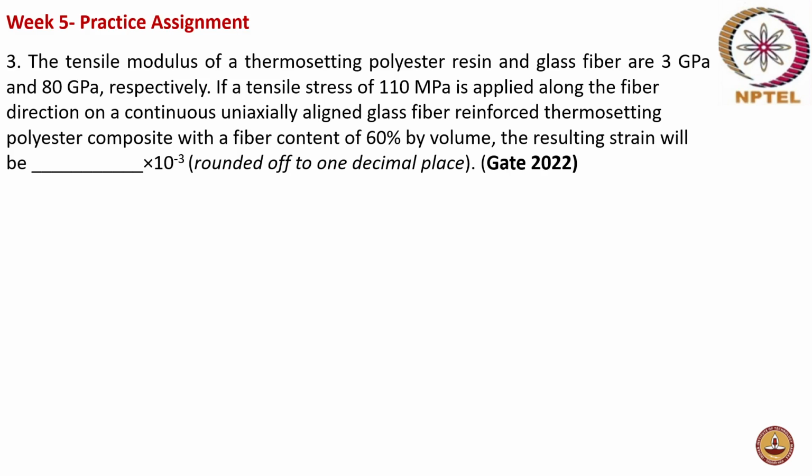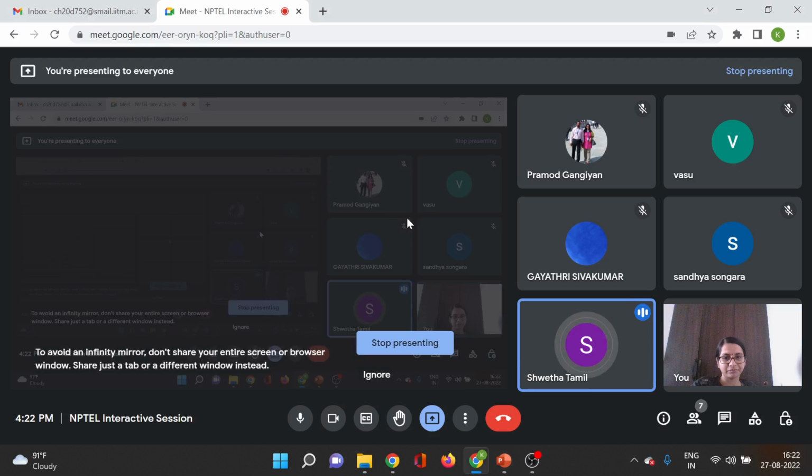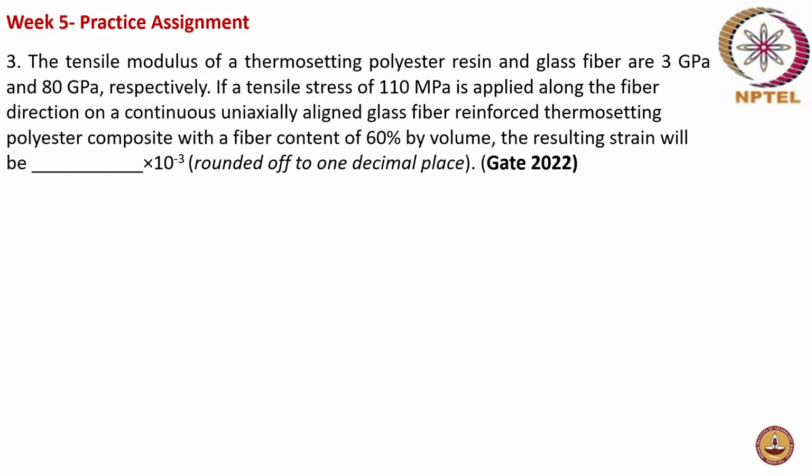So what is given? Someone can say what all the information given is. The tensile modulus of polyester resin and glass fiber is given as 3 gigapascal and 80 gigapascal.